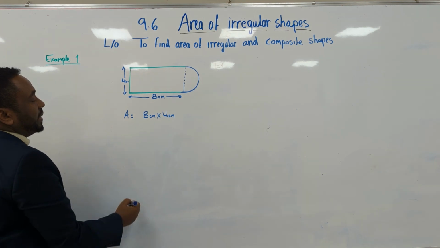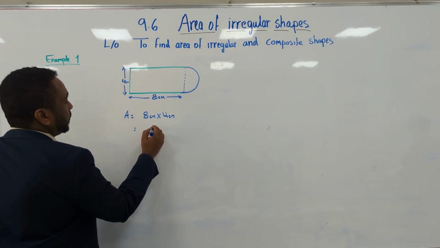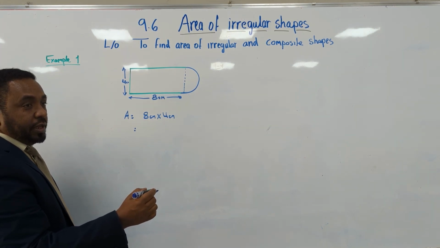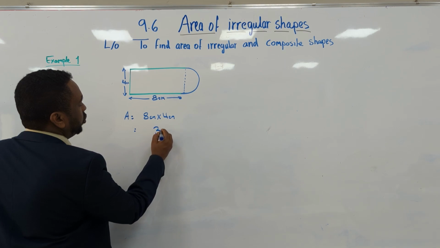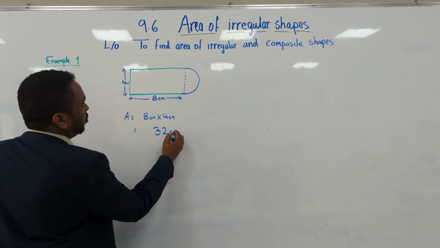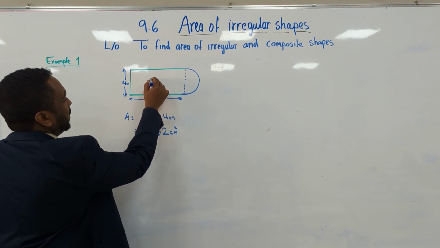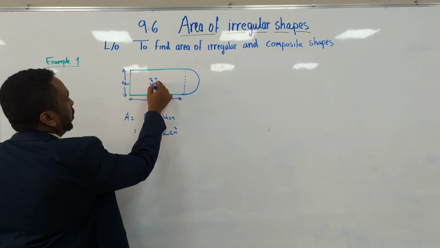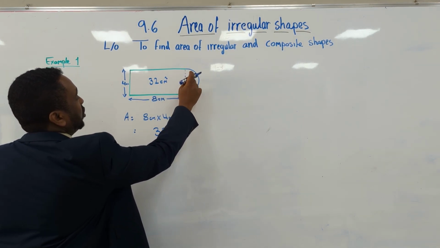When we multiply that, what do we get? 32. So we write down 32 centimeters square. So this part is 32 centimeters square.